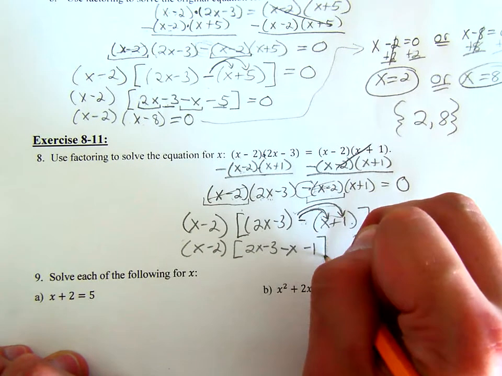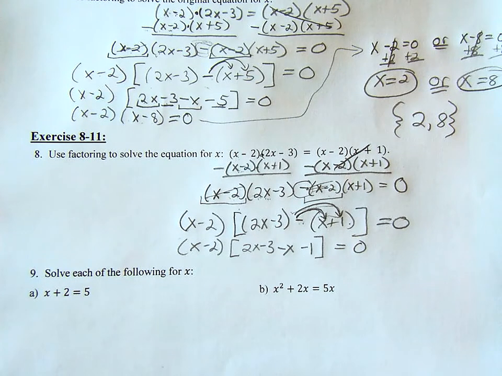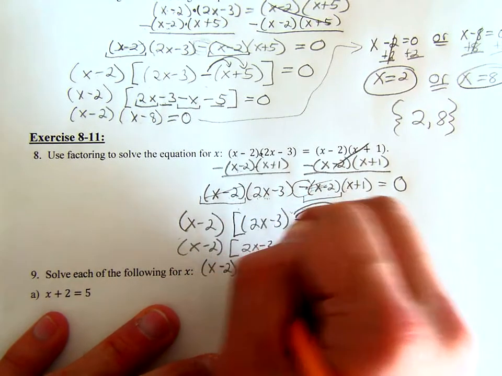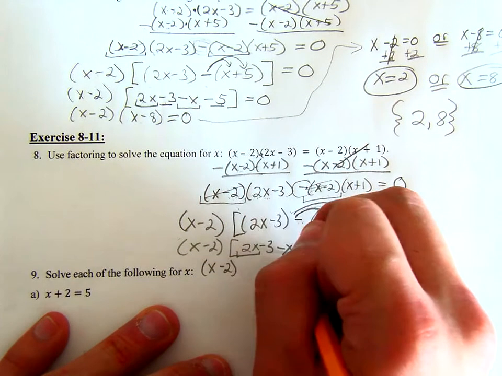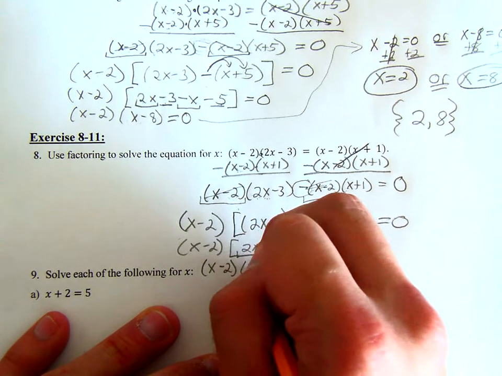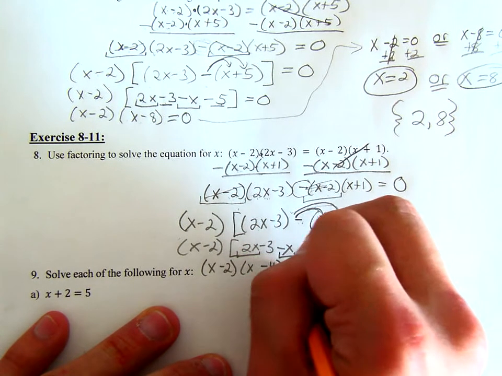And that's equal to 0. Now what I could do is inside my brackets, I can combine like terms. So then I can get x minus 2. And if we have 2x minus x, 2x minus x is just x. Negative 3 minus 1 is a negative 4. And that's equal to 0.